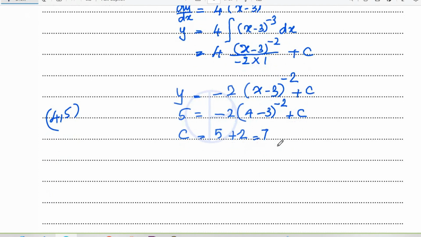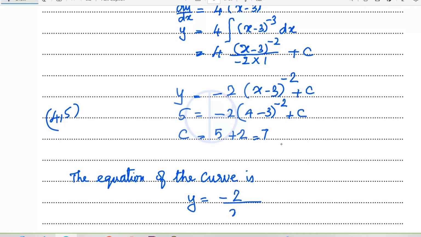So the equation of the curve is y is equal to negative 2 divided by (x minus 3) the whole square, plus 7.